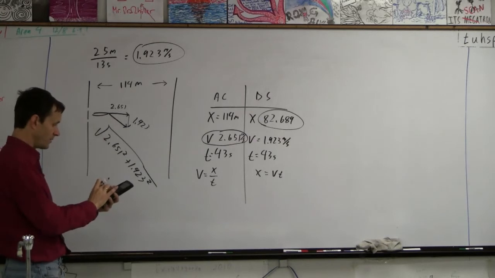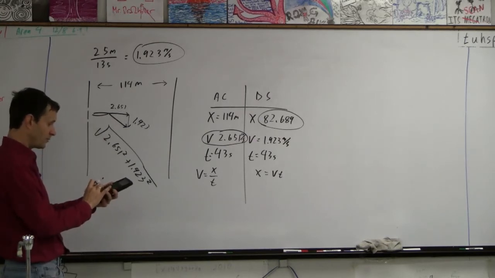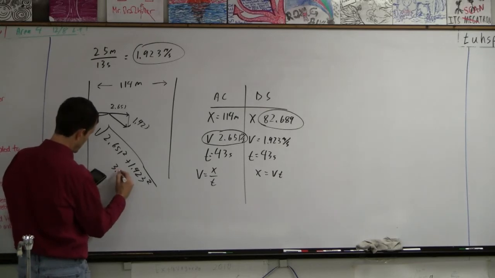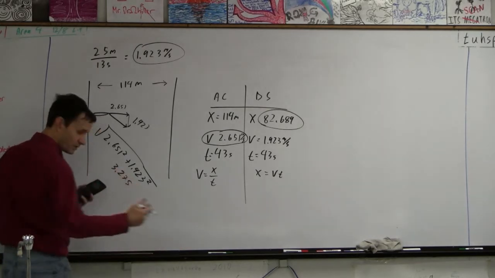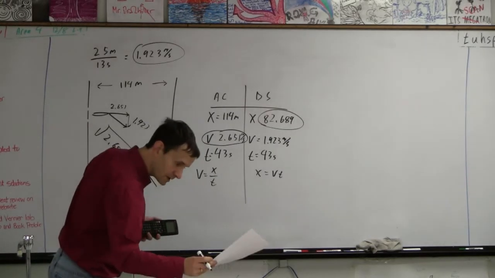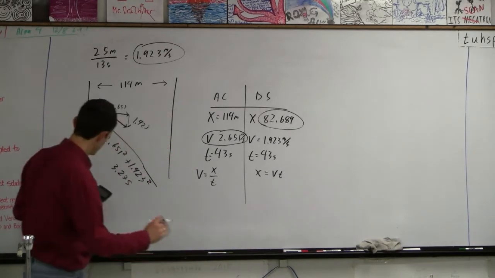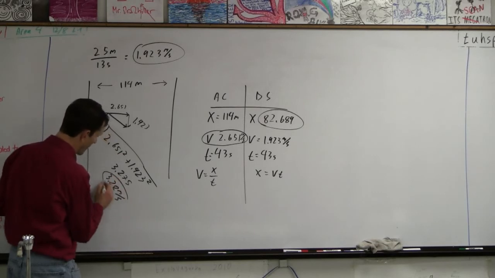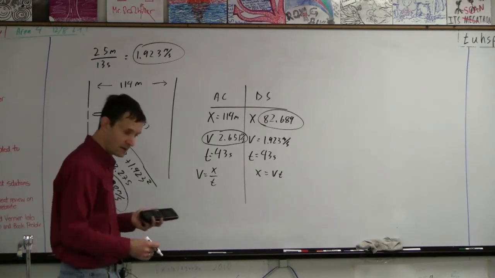So square root of left parenthesis 2.651 squared plus 1.923 squared, right parenthesis, is 3.275 something and change. And I put as the answer 3.28 because that's what it would be if you rounded it to three places.